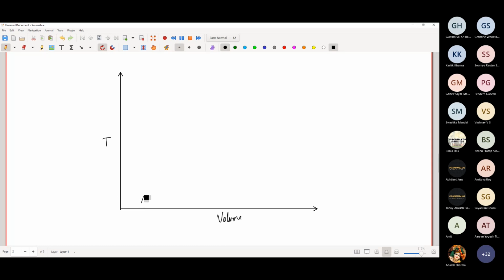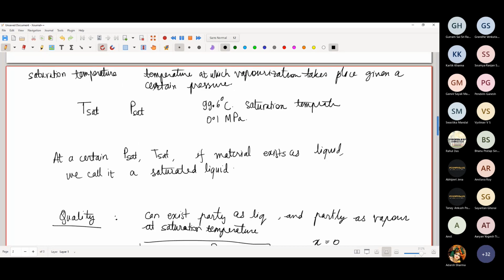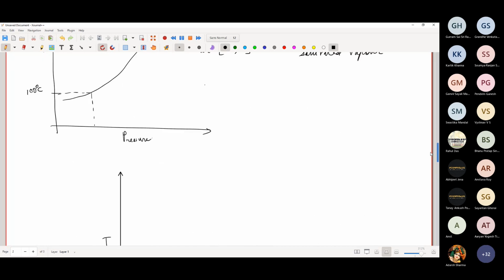And this curve we're drawing is for a fixed pressure. Basically we're doing the same experiment and not doing something very different.